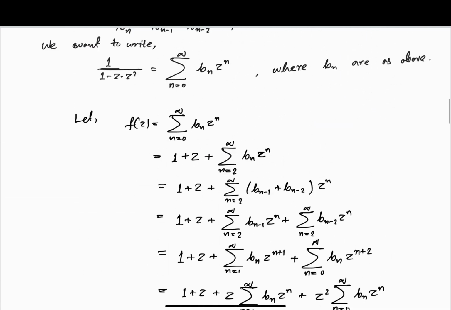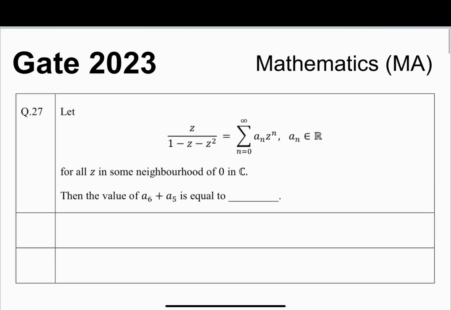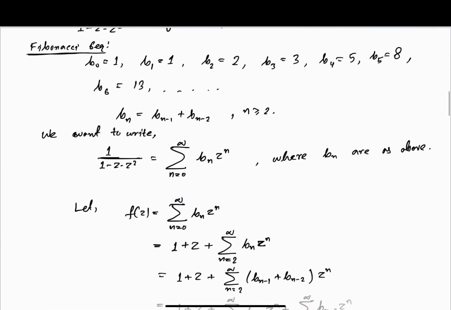And it is again given that this sum is equal to the power series they have given. Now we have to find the value of a6 plus a5.